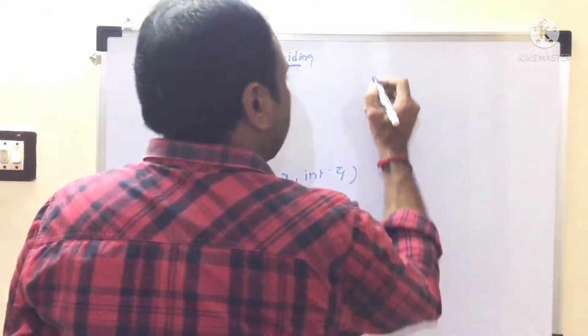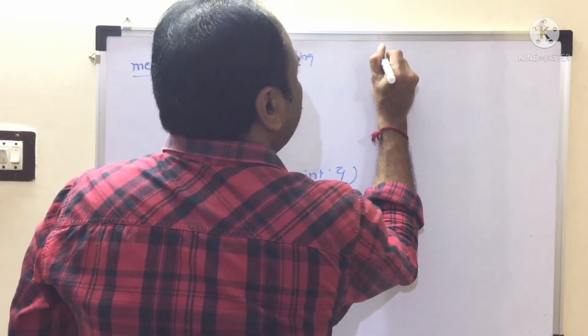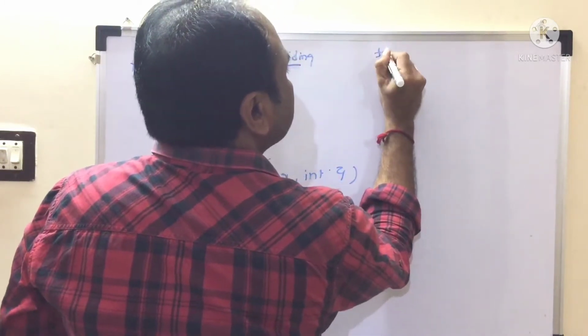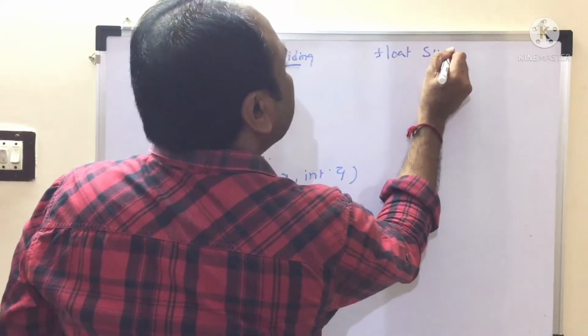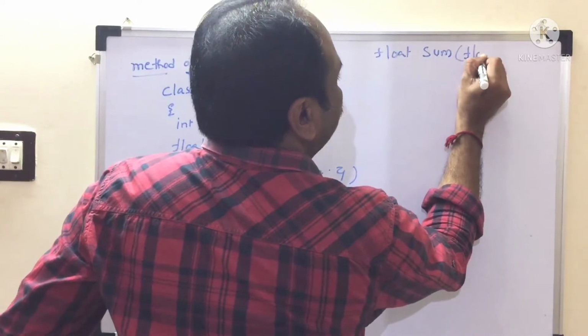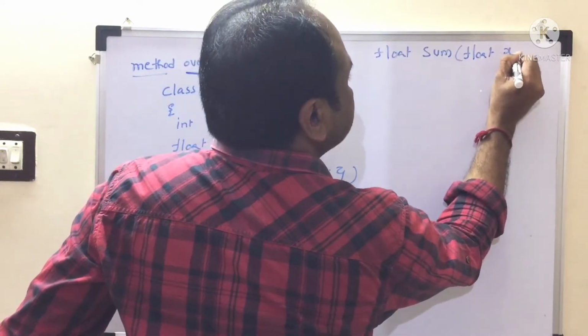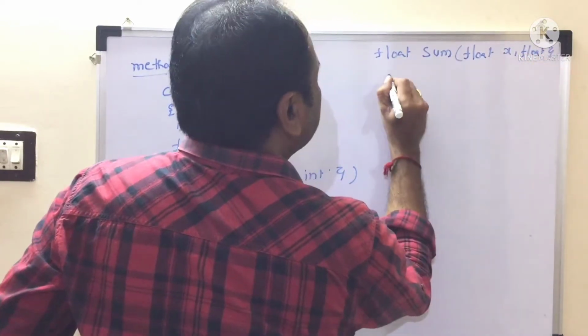Now I will use the same sum method with float. Float sum, now I am going to use float x, float y.